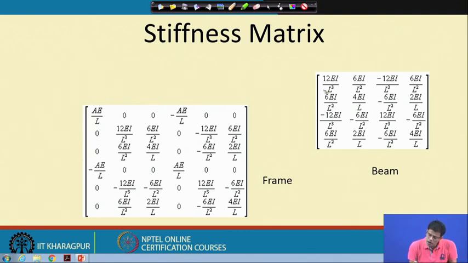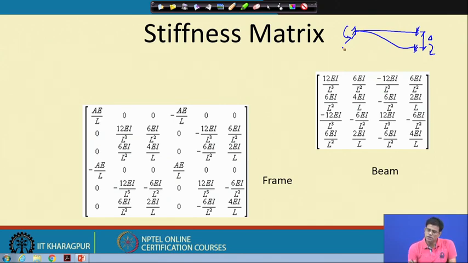So, this stiffness matrix is also a singular stiffness matrix, because probably we will do it through the conjugate beam theory, where we will essentially put one beam and then we will make this thing delta amount slide. So, this will give me delta, and we will take unit delta and then calculate what are the moments here and here. So, through all those things we find out the stiffness matrix.